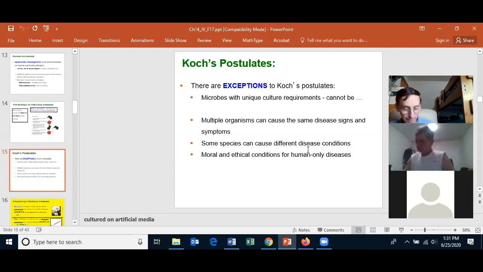I have one, but it's not real good, and that is salmonella can cause two different diseases. It can cause salmonellosis, and it can cause typhoid fever. Typhoid fever is much worse than salmonellosis. The patient is much sicker and the disease lasts a lot longer.